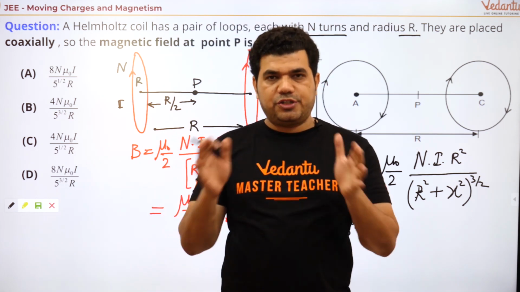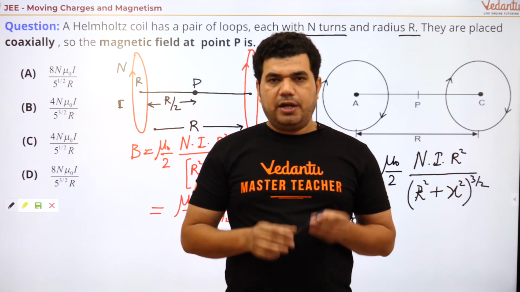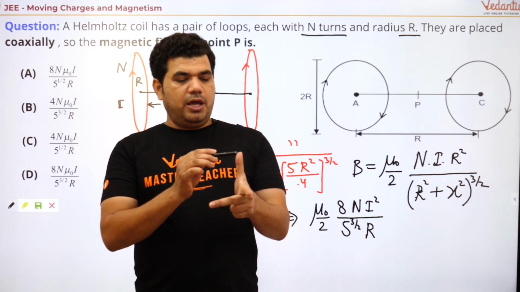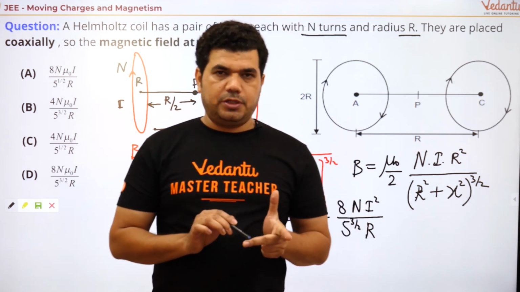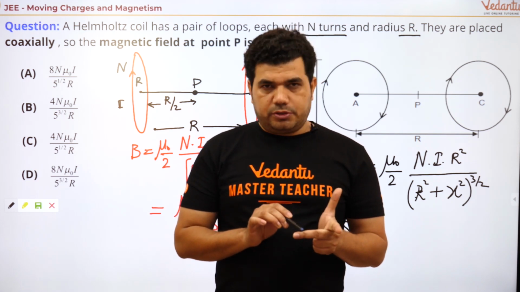So for the direction, you must know this formula, right hand, left hand. For the left hand, you can remember it like this: FBI, Federal Bureau of Investigation, right?